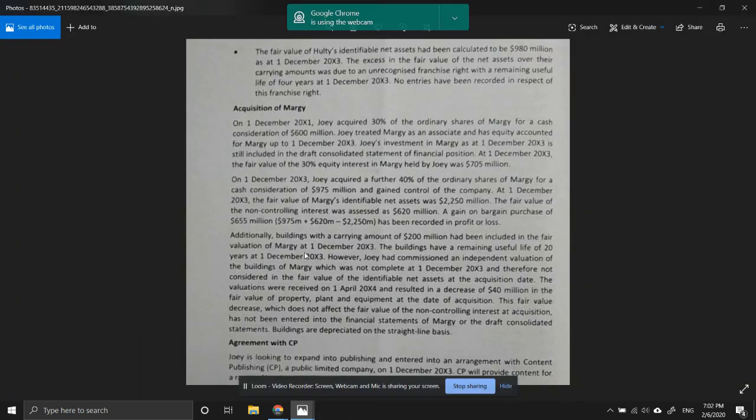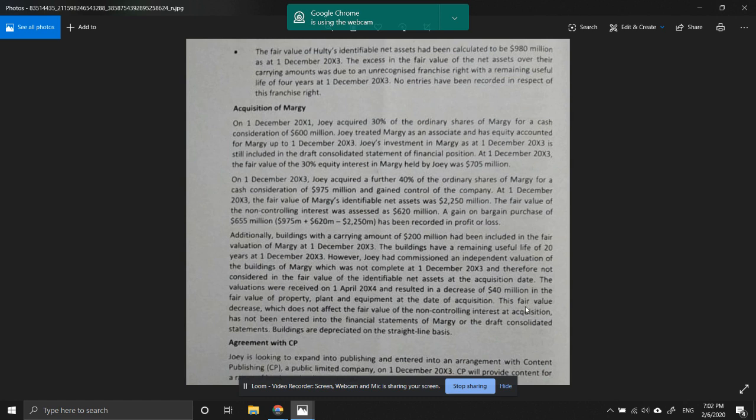What has been the fair value adjustment? The building with carrying amount of 200 million has been included in the fair value of Margie. The building has a useful life of 20 years. However, Zoe had commissioned an independent valuation of the buildings, which was not complete at 1st December 20x3, therefore was not considered in the fair value of the net assets at acquisition date. The valuations were received on 1st April 20x4, which resulted in a decrease of 40 million in the fair value of PPE at the date of acquisition.